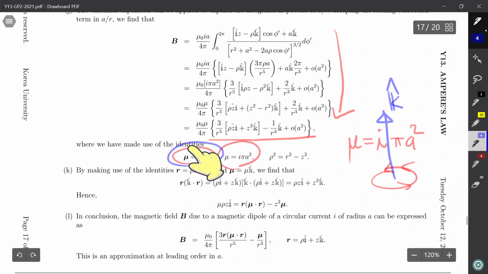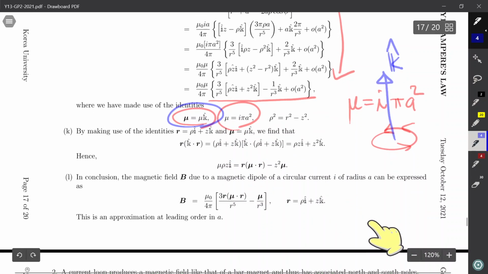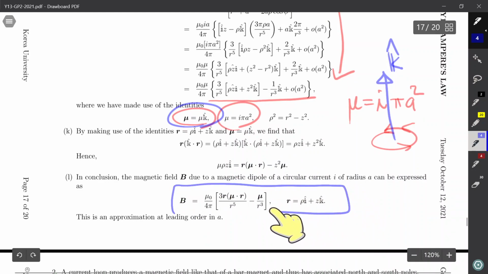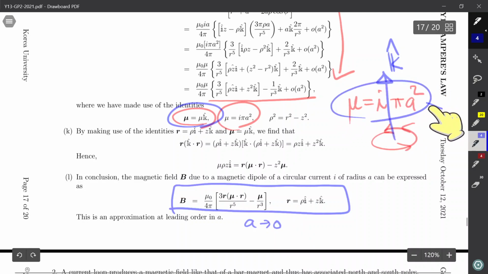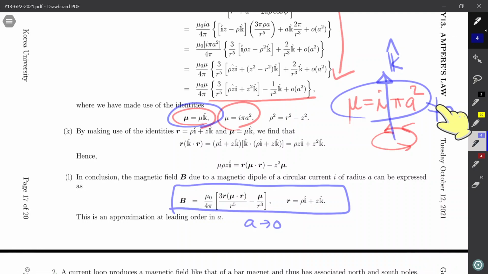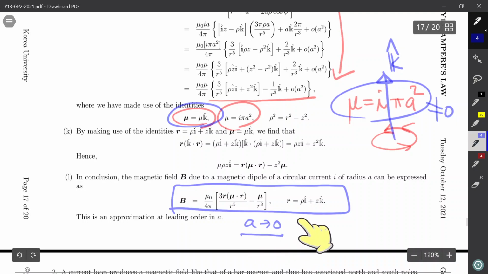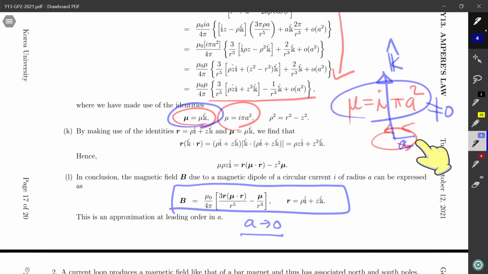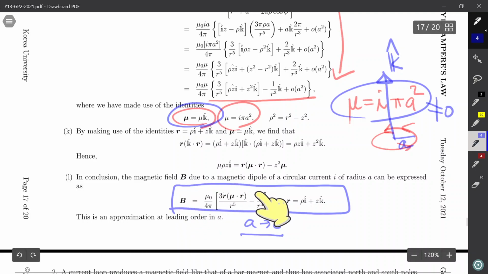If we replace this magnetic dipole moment and make use of these simple identities, we end up with the expression for the magnetic field as a goes to 0, but keeping the dipole moment non-zero, neglecting any higher order terms in small a. This a is the radius of this circular wire. We end up with the magnetic field.